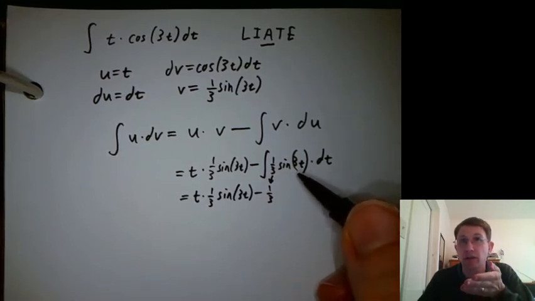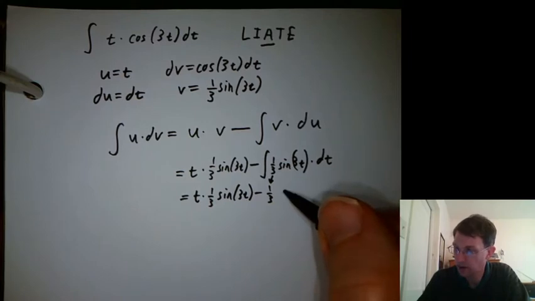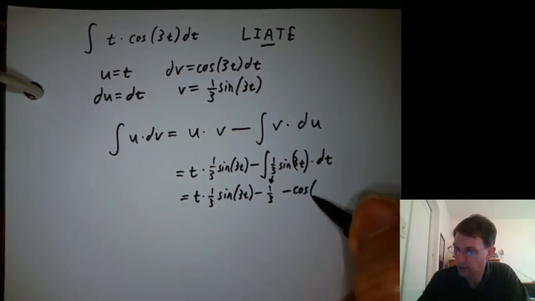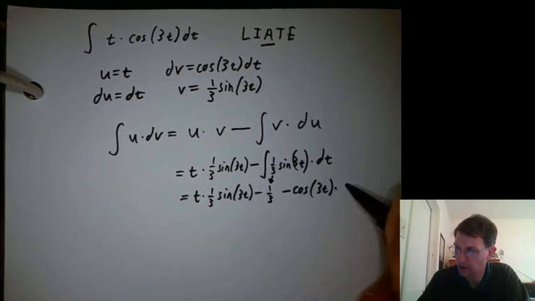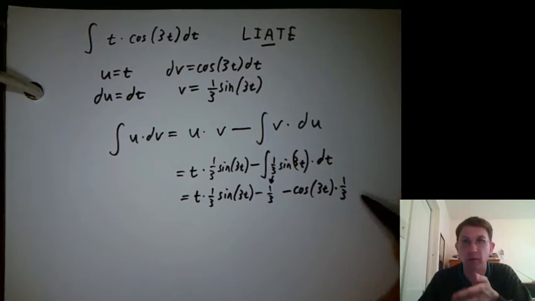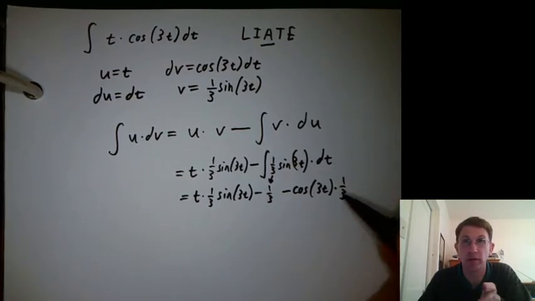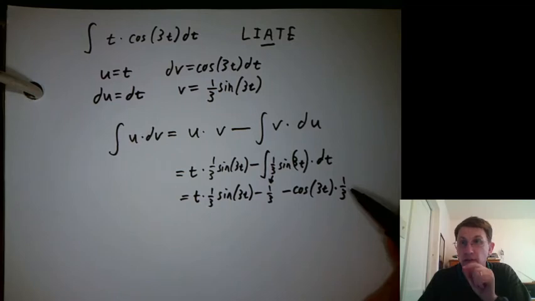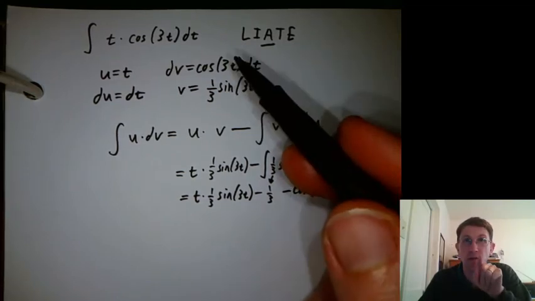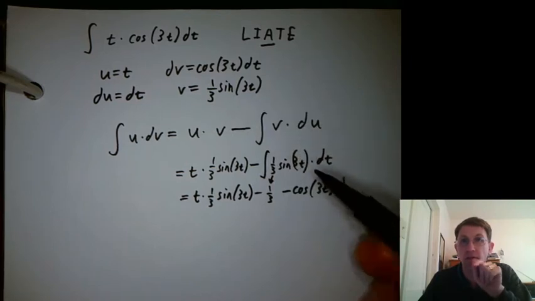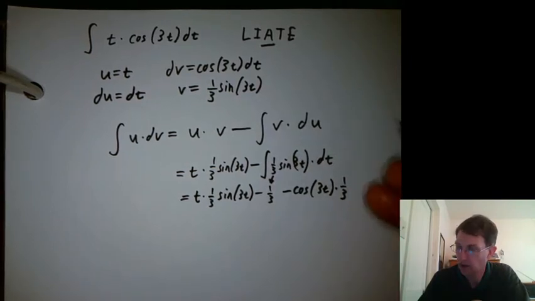Integral of sine is negative cosine 3t, and then times a 1/3, which, if we were doing u substitution, we'd get that extra factor of 1/3. So notice I have two factors of 1/3 now, one that came from going from dv to v, and then one from taking the antiderivative here. And then that's the end of the integral, so we can just say plus C.